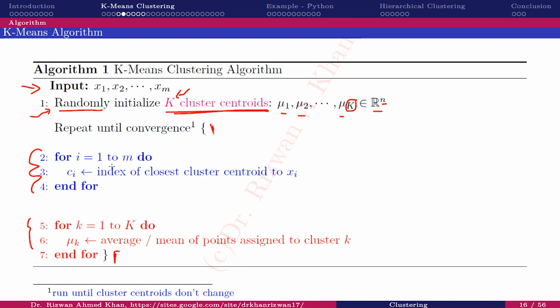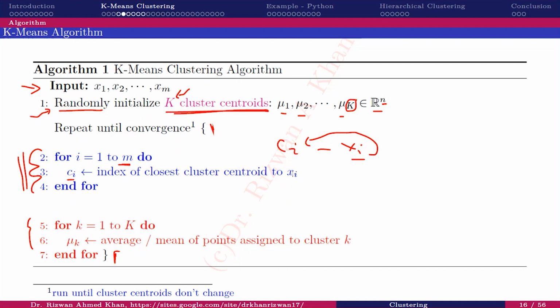So the algorithm will iterate over all the data points. m is the number of data points in the data set. And it will assign ci. ci is again a variable, the index of the closest cluster centroid to xi. Remember, we have the cluster assignment step. So this blue is the cluster assignment step. ci is the variable corresponding to data point xi, which shows that this data point is assigned to this cluster.